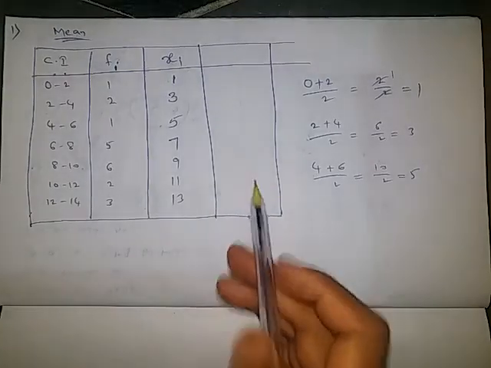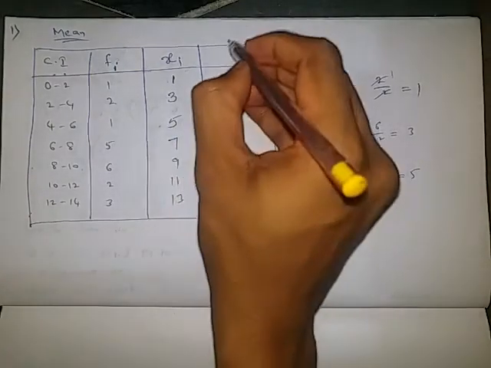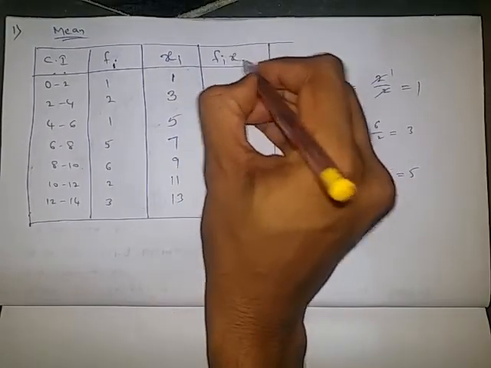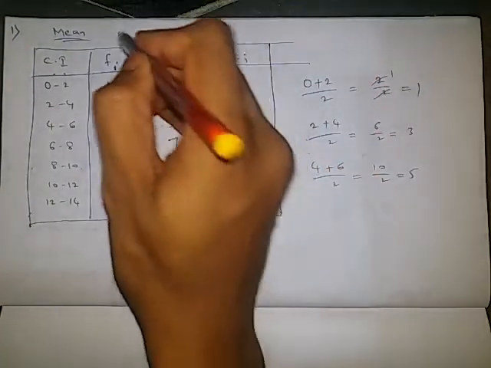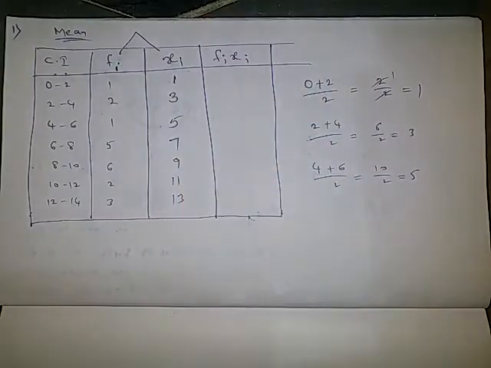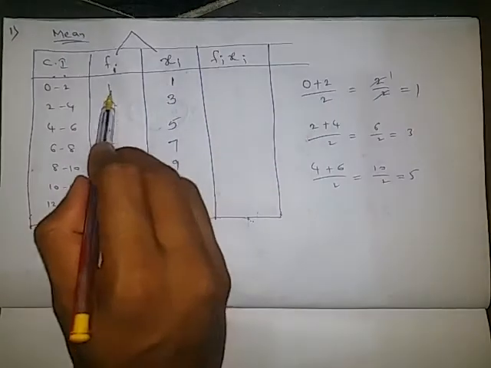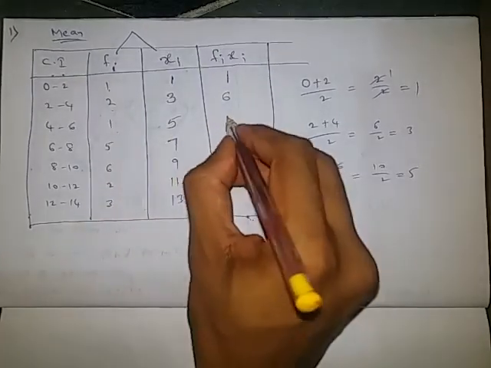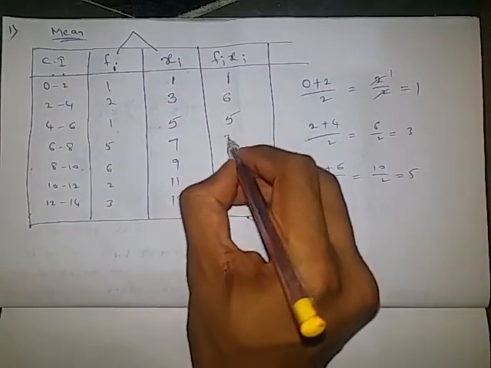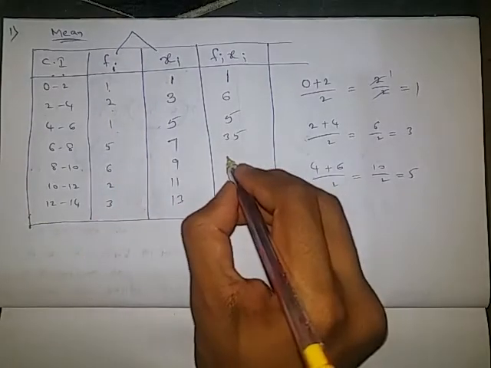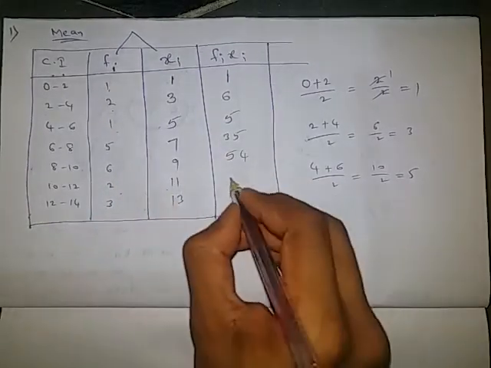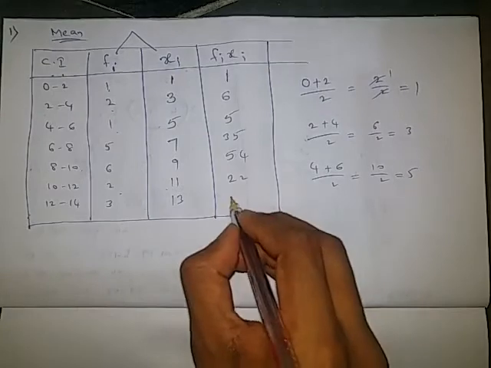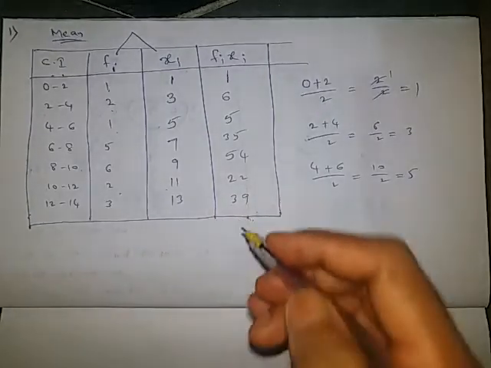Now the last column, the fourth column, is Fi xi. It is nothing but the product of these two columns. 1 ones are 1, 2 3s are 6, 1 5 is 5, 5 7s are 35, 6 9s are 54, 2 11s are 22, 3 13s are 39.